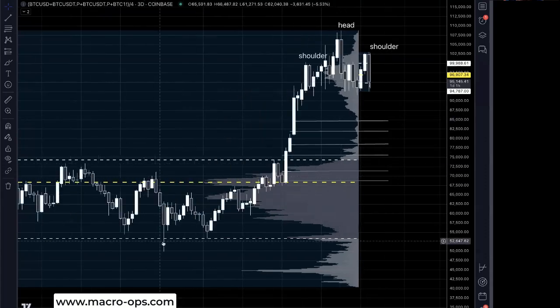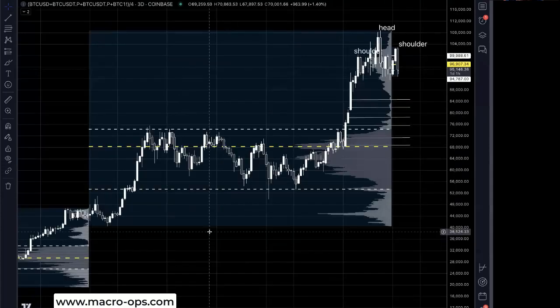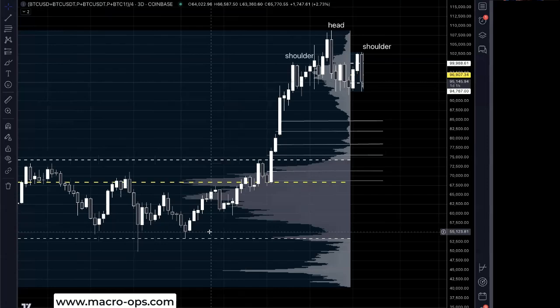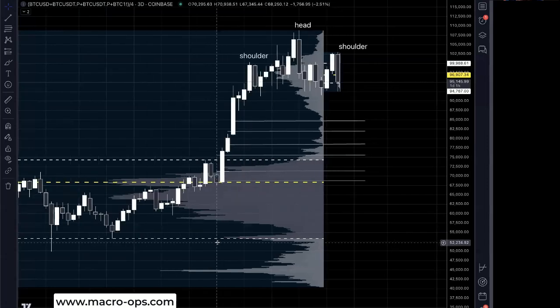I did the same thing over here on Bitcoin. I've done this a couple of times discretionarily. This is not a systematic trade. I am a very systematic trader, but this is discretionary trading. I would love to own Bitcoin at these levels, and I would be happy to own it if we get those drops. The Bitcoin bull market signal is still on, and my analog is still on.